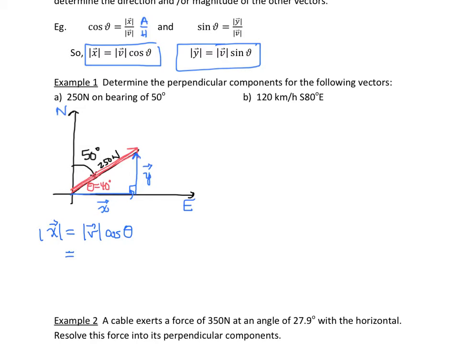So the magnitude of x is 250, the magnitude of our vector, times cos 40. The horizontal component is approximately 191.5 newtons.